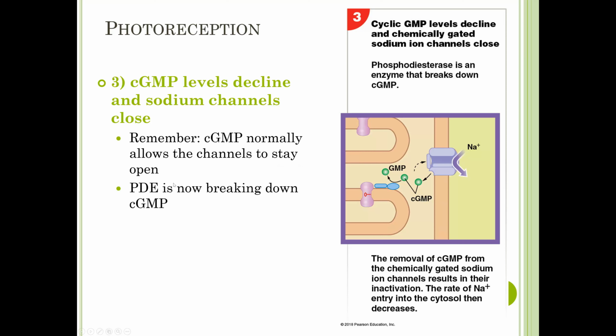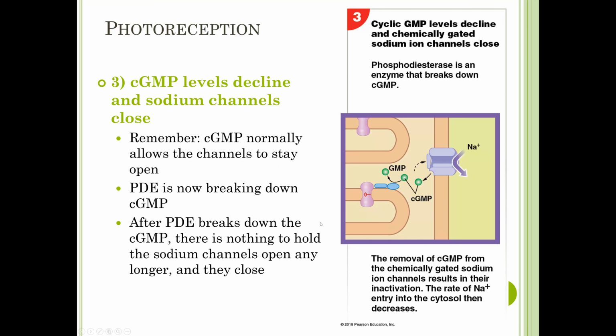So because we activated PDE in the previous step, it is now breaking down the cyclic GMP. And after it's breaking down the cyclic GMP, there is nothing left to hold the sodium channels open. And so the sodium channels are going to close. So step 3 was the decline of the cGMP levels, and then sodium channels close as a result.